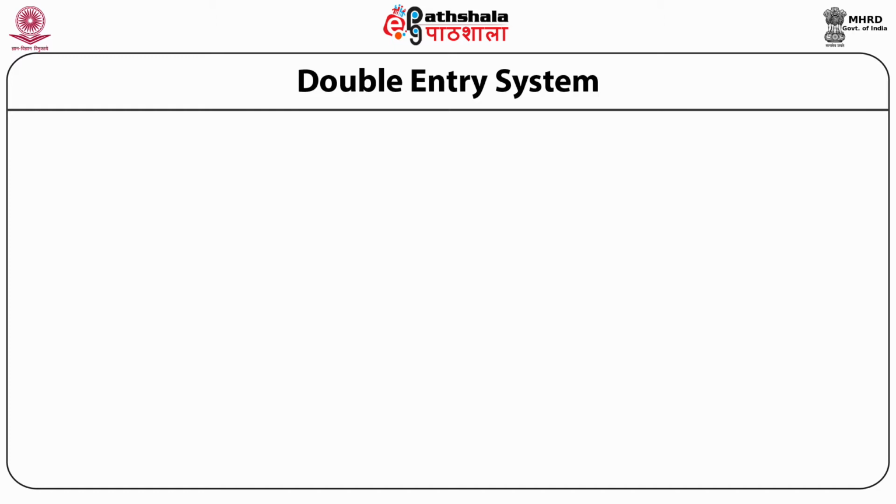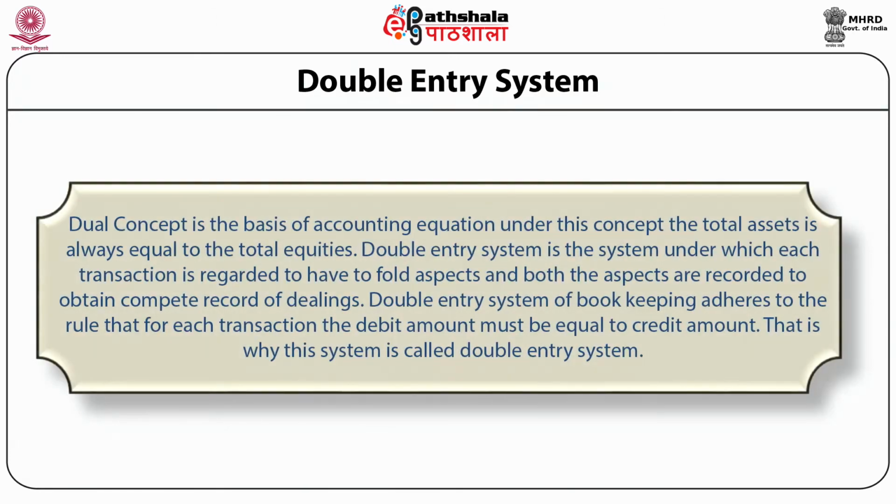Double entry system. Dual concept is the basis of accounting equation. Under this concept, the total assets are always equal to the total equities. Double entry system is a system under which each transaction is regarded to have two-fold aspects, and both the aspects are recorded to obtain complete record of dealings.